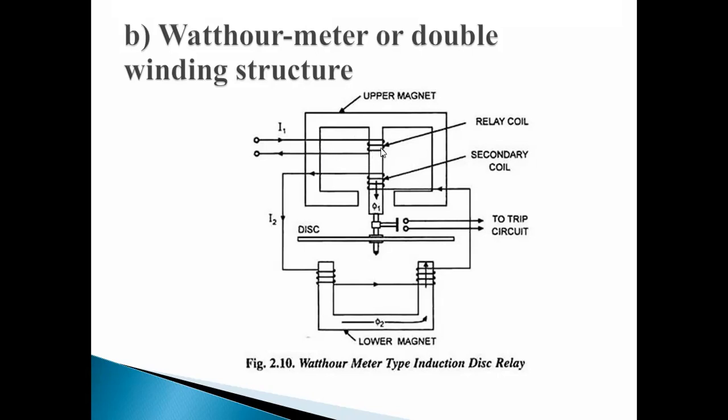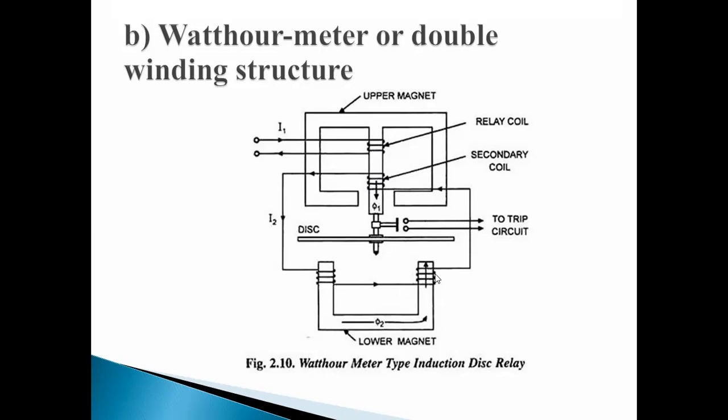When current flows through this coil, it will set up flux in this magnet or core. Then there is one more coil wound on the same magnet. The flux produced by the first coil will link with the second coil, and due to that, current will start flowing through the secondary winding also.